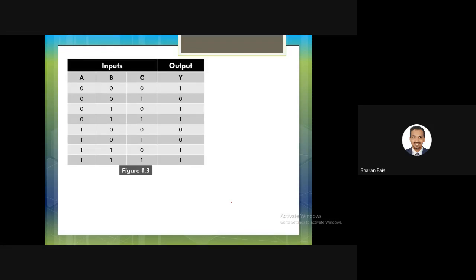Whichever is having one, write down its fundamental products, then write it as the equation and draw a circuit. Quick. These are the basics.